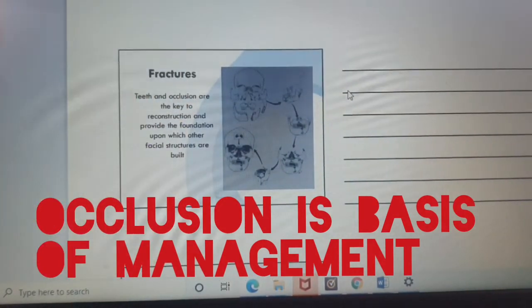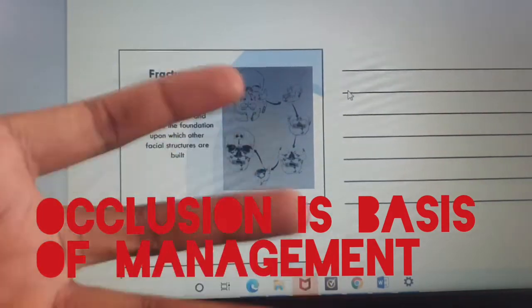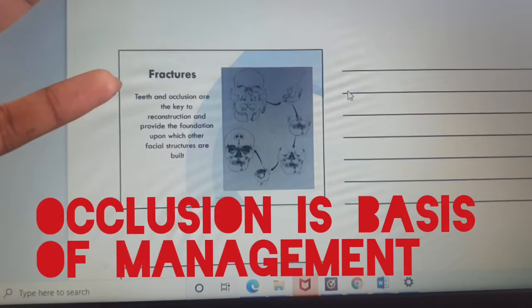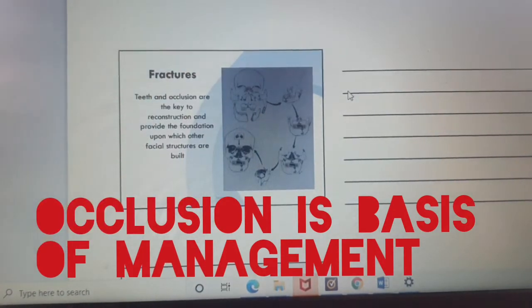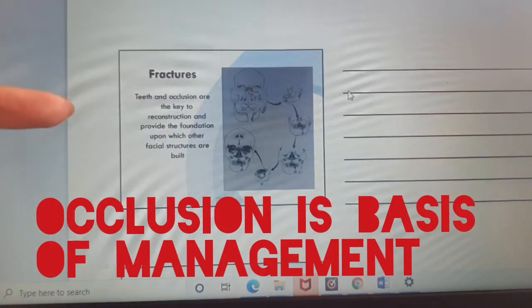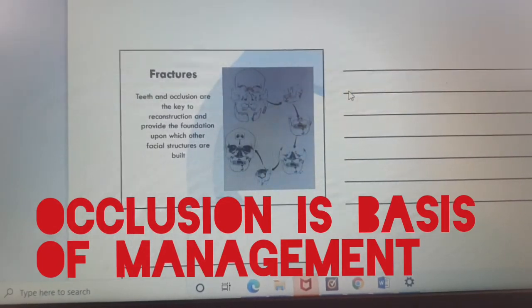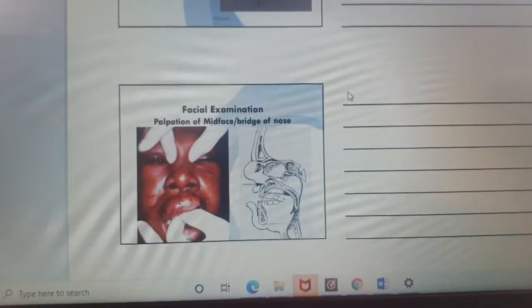Those teeth, and the occlusion of the maxilla as well as the mandible, are the basis upon which we then try to manage this fracture and bring back the occlusion and the facial structures to their original harmony, or as best as we can. I hope that makes sense, but that's essentially what they were trying to explain.